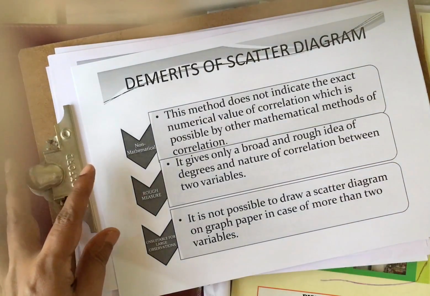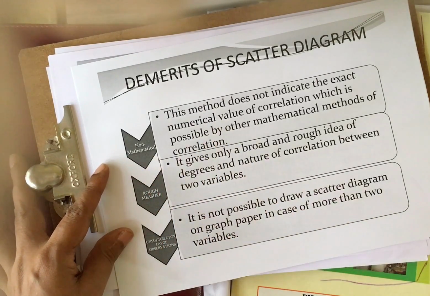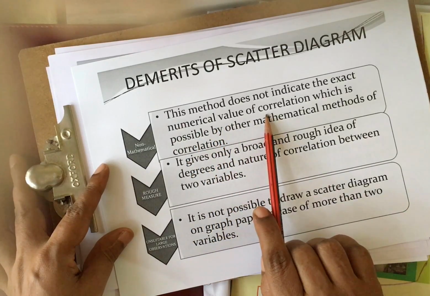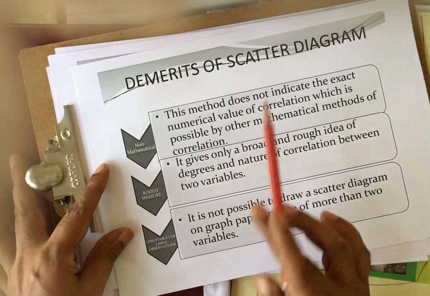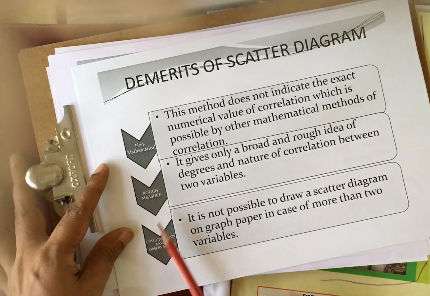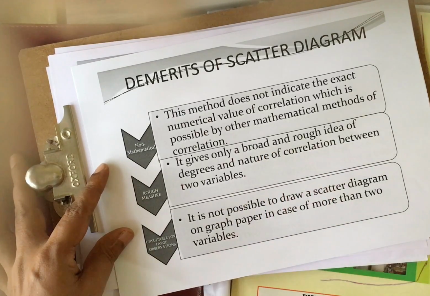Coming to the demerits. The first demerit is that it is non-mathematical: this method does not indicate the exact numerical value of correlation. How much relation is there between the two variables, the degree, it is not showing. Next, it is a rough method: it gives only a broad and rough idea of the degree of correlation, but not the exact value.